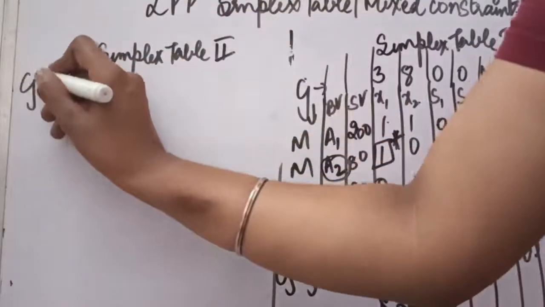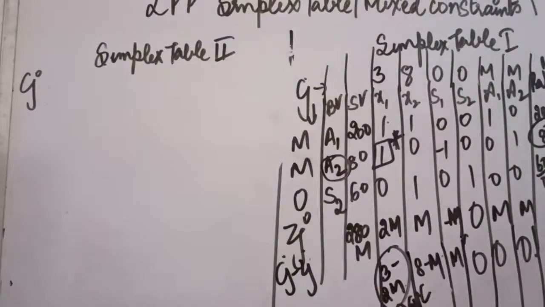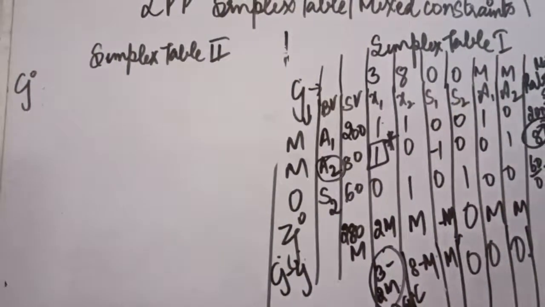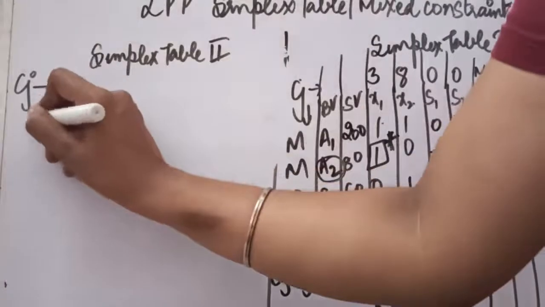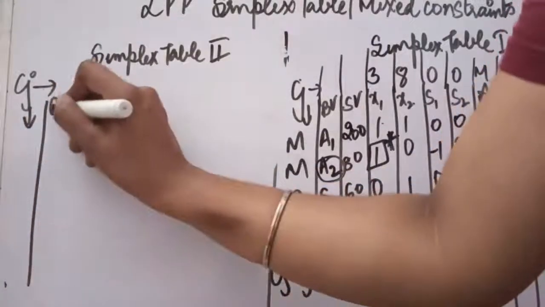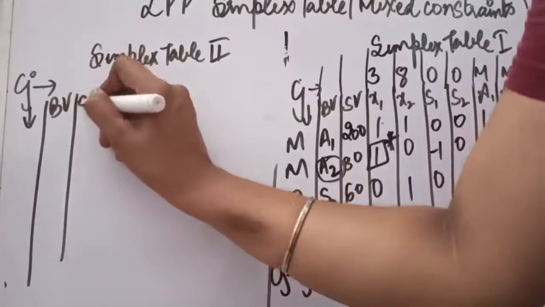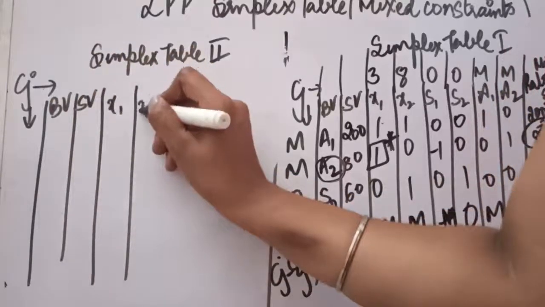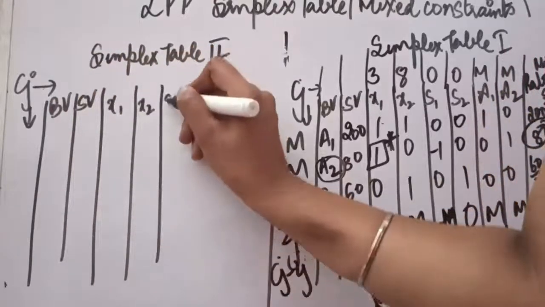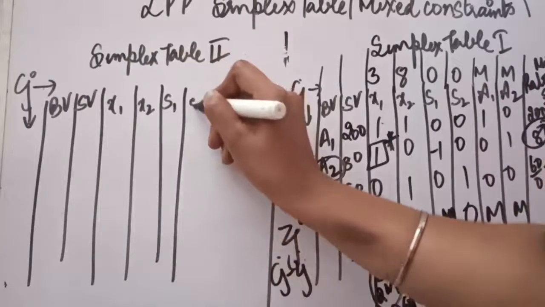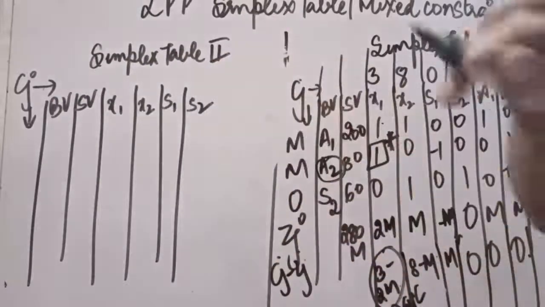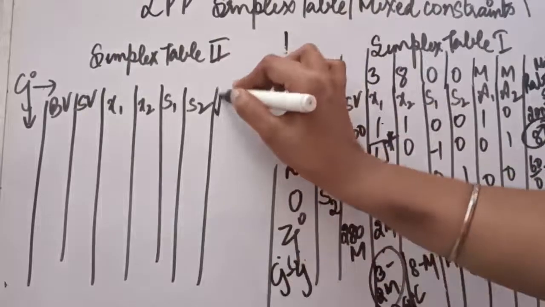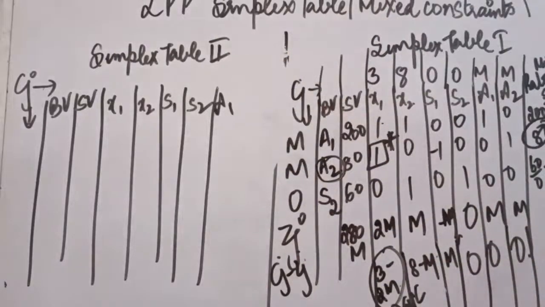Now we will start with the same method that we have done. First of all the columns will be created: Cj, basic value, solution value, X1, X2, S1, S2. Now A2 was leaving, so there is no need to make A2. We will make A1.